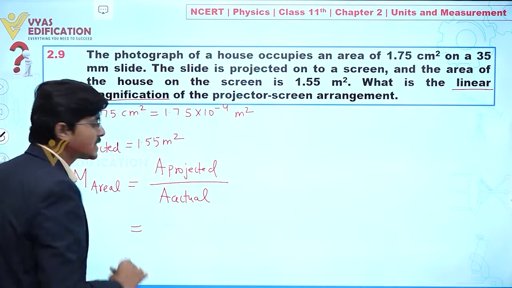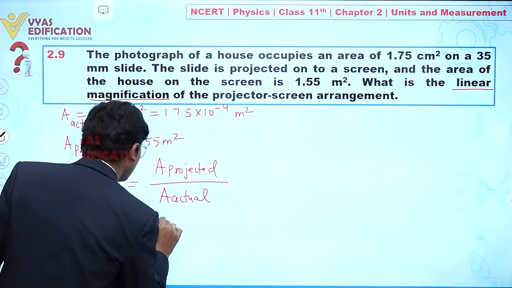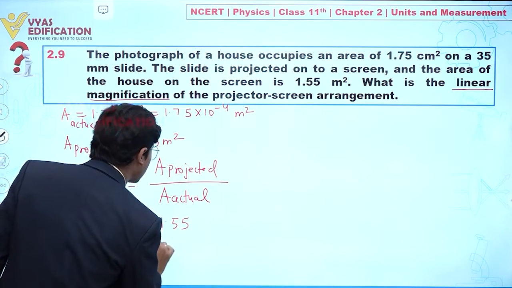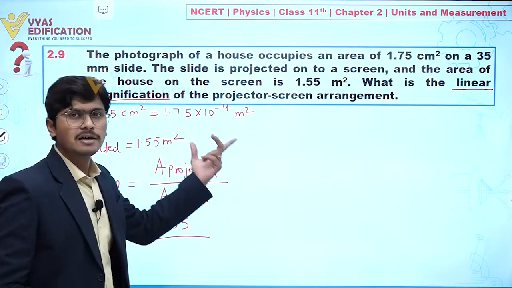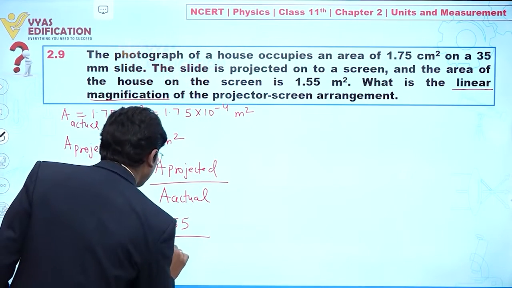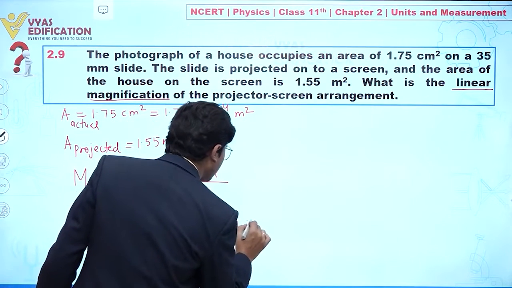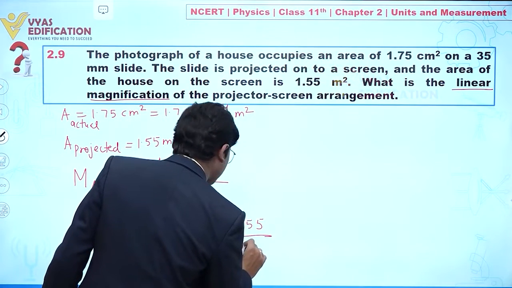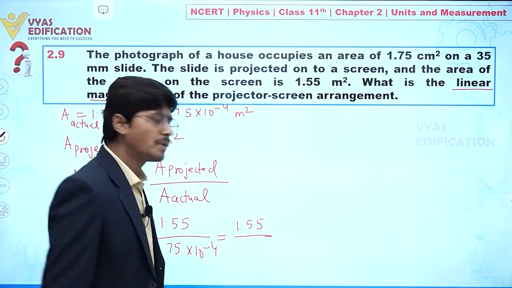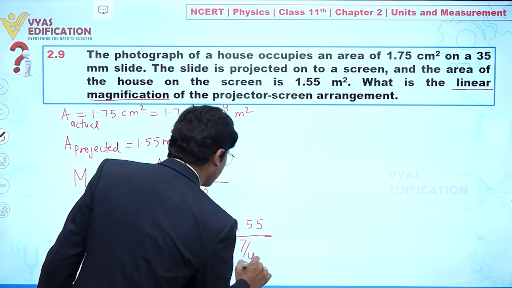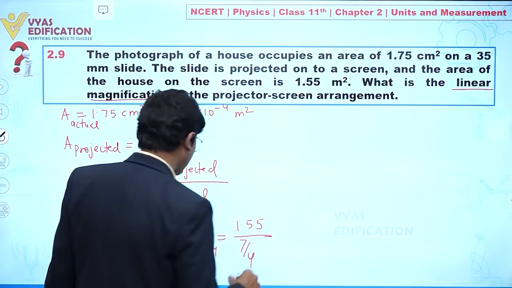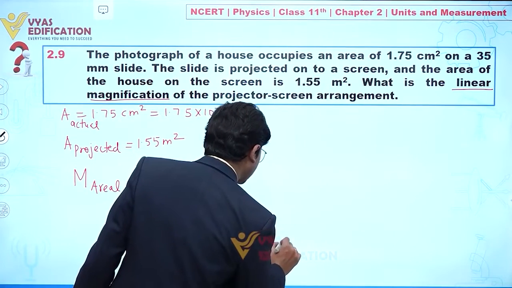So here we have the projected area 1.55 meter square, and the actual area we can write as 1.75 into 10 to the power minus 4. So 1.55 divided by 1.75. 1.75 we can say is 7 by 4. Yes or no? 7 by 4 into 10 to the power minus 4.